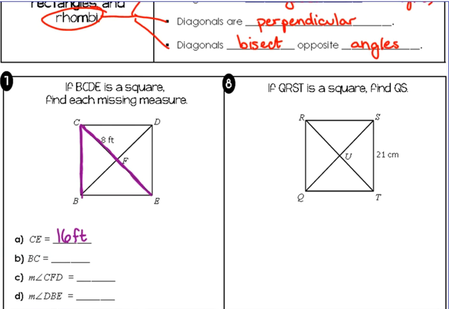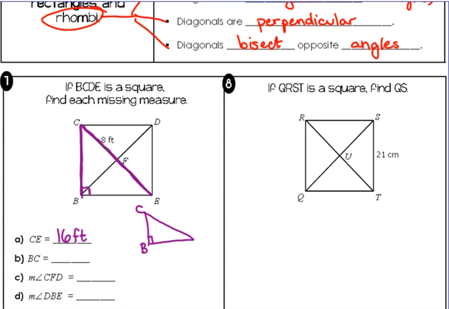Now, I think it's pretty clear that the diagonal and the side are not the same length, right? So there's got to be something that we can do here. Well, a square has all right angles in the corners. So I'm going to pull this out.